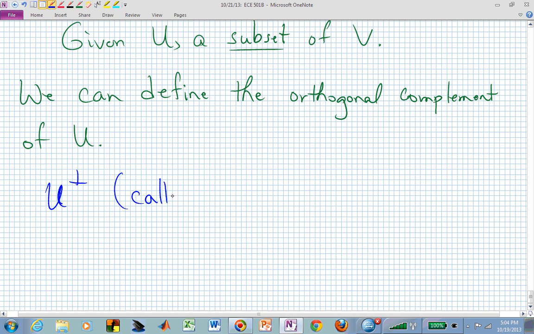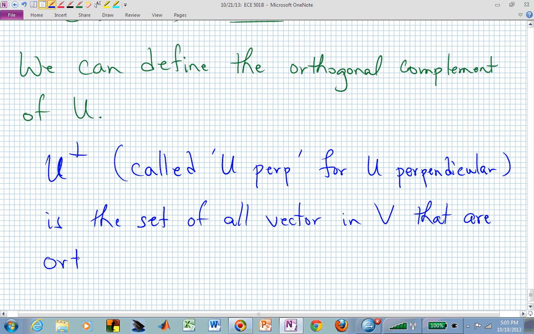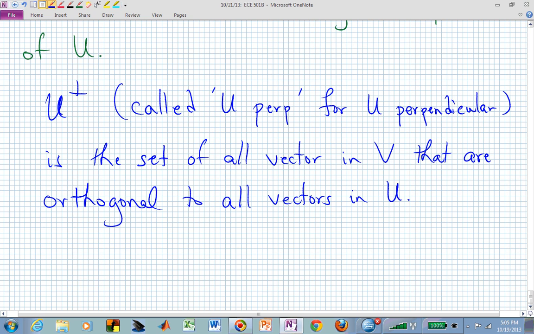So U perp, for this subspace that's perpendicular to U. We can define the orthogonal complement of U. U perp is the set of all vectors in V, the linear subspace, that are orthogonal to all of these vectors in the original subset, capital U.